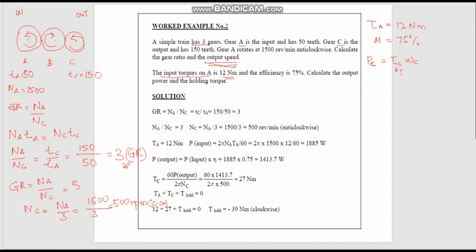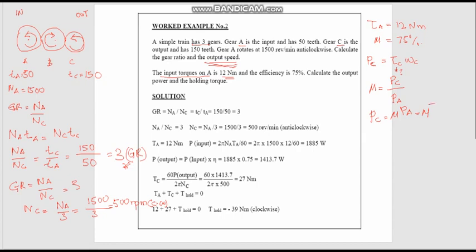The other way to calculate PC, since we are given the efficiency, is that efficiency is equal to output power, which is PC, divided by input power, PA. Right? So we can calculate PC is equal to nu times PA.